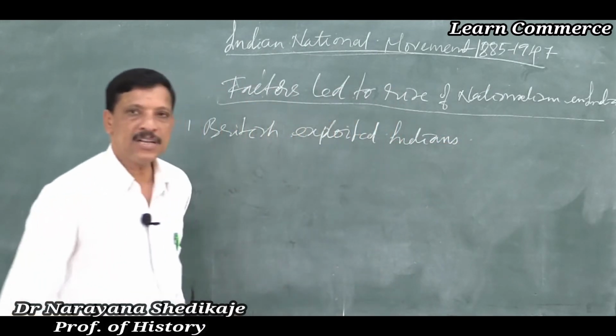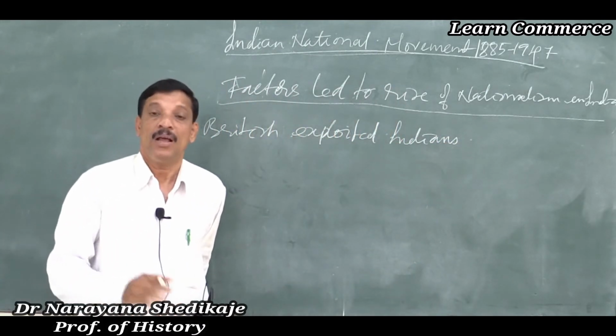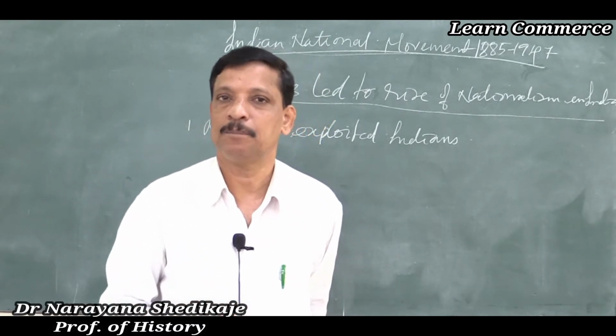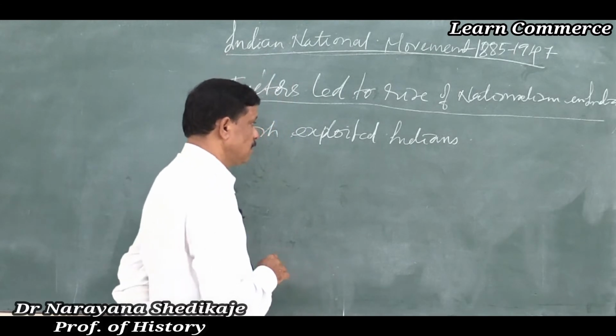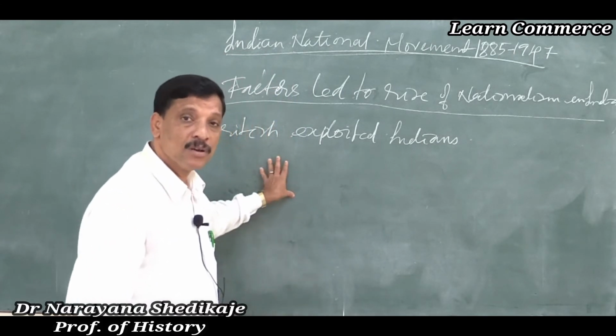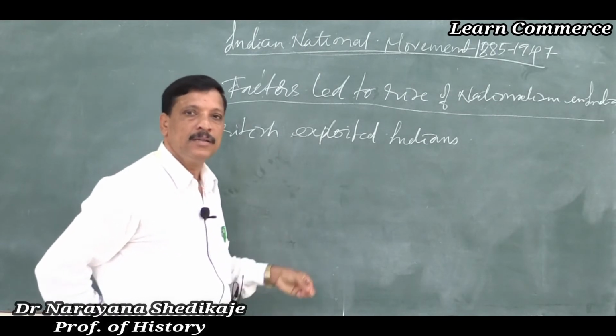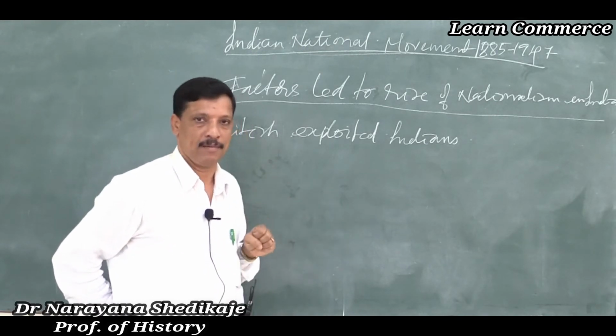How? The British adopted exploitative policies towards India by introducing their economic policies, for example, free trade, and they made India a colony.